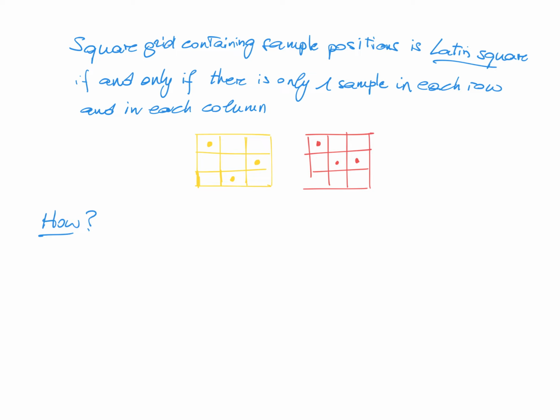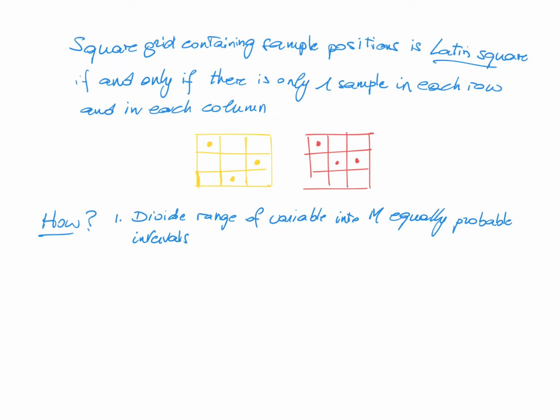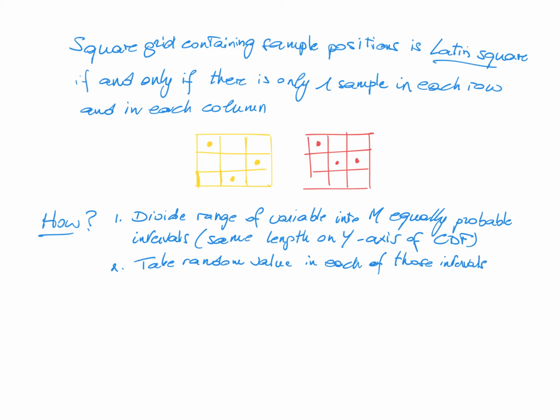How will we now perform Latin hypercube sampling? Well, we divide the range of the variable into m equally probable intervals. So equally probable means that they have the same interval length on the y-axis of my cumulative distribution function. Then in each of those intervals we will take a random number and we bring it back to find the corresponding value of the variable.